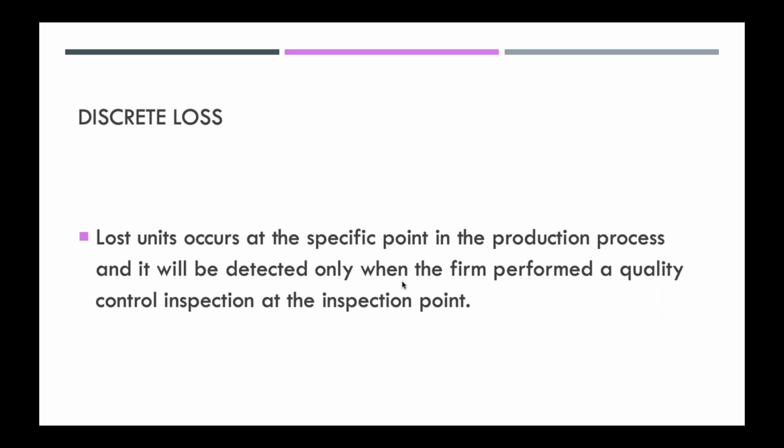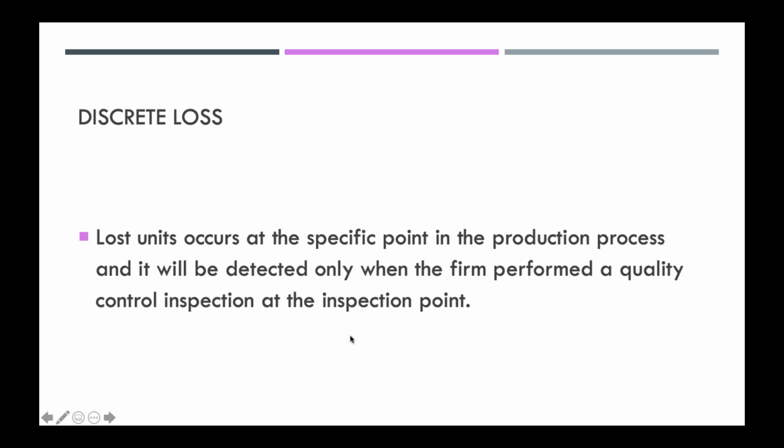Okay, now yung natapos natin is continuous loss. This time is discrete loss. Anong ibig sabihin ng discrete loss? Loss unit occurs at the specific point in the production process, and it will be detected only when the firm performed a quality control inspection at the inspection point.